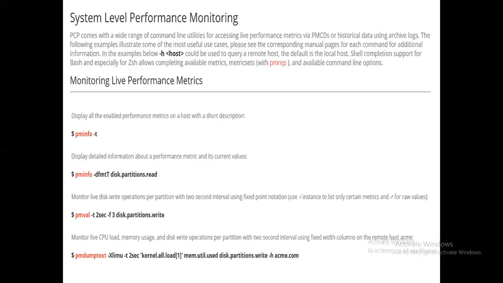PMCD comes with a wide range of command-line utilities for assessing live performance metrics, and you can get additional information. For example, pminfo -h host displays all enabled performance metrics on a host with a short description. With pminfo -t, you can collect all the enabled performance metrics, and you can also display detailed information about the performance metrics.